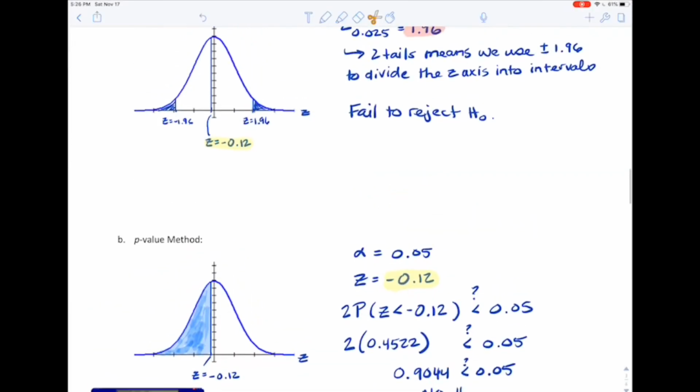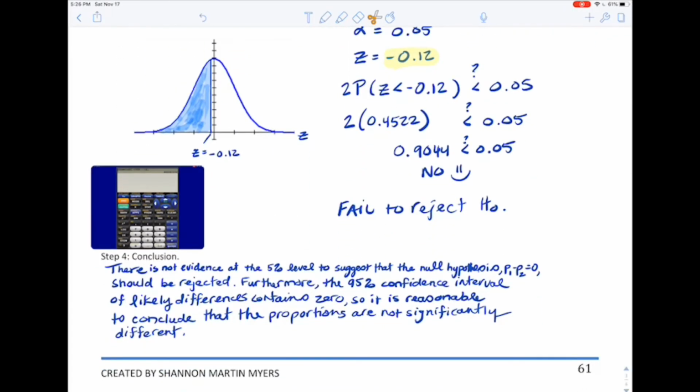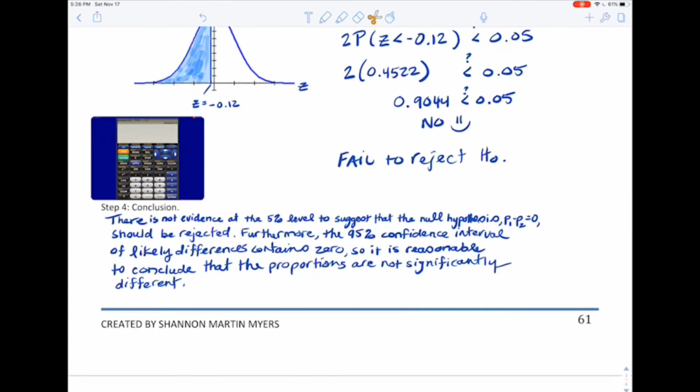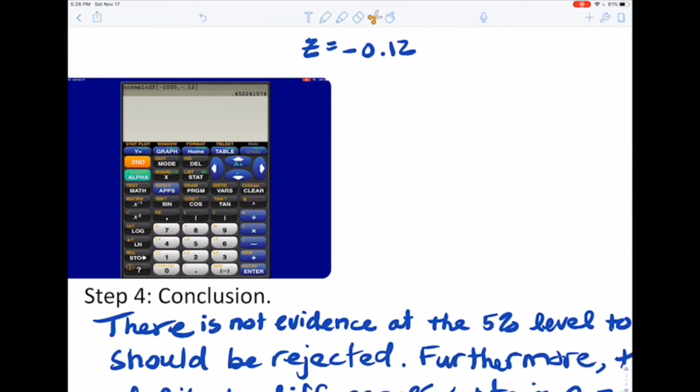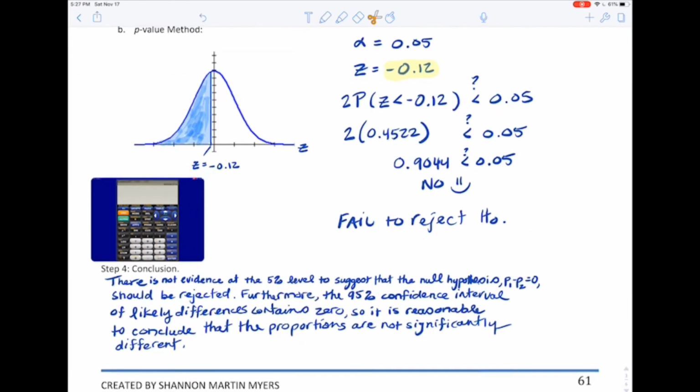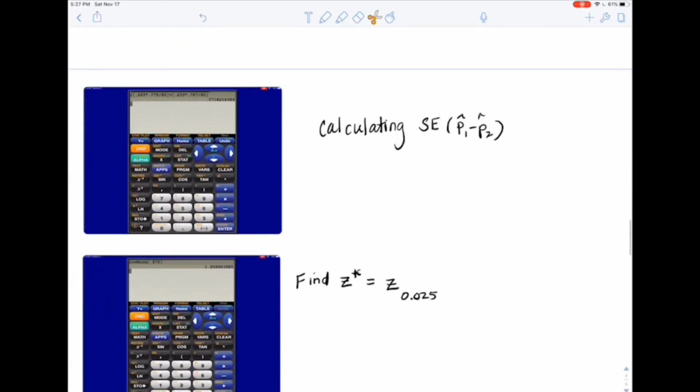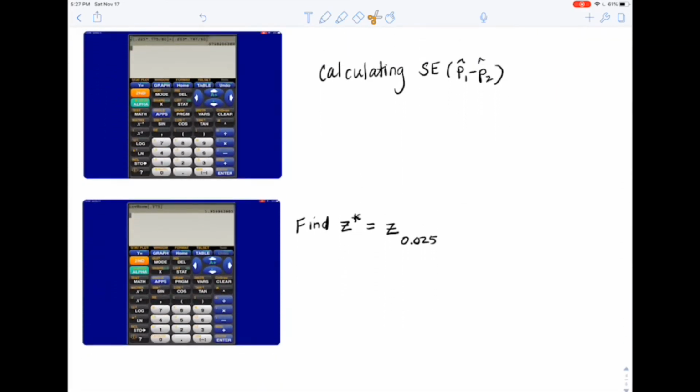So I pasted a few things in. Here we have this right here just shows you how we found the p-value, or at least half the p-value, the probability that z was less than negative 0.12 using the calculator, the normal CDF. And then down here, this was from when we did the confidence interval estimate.